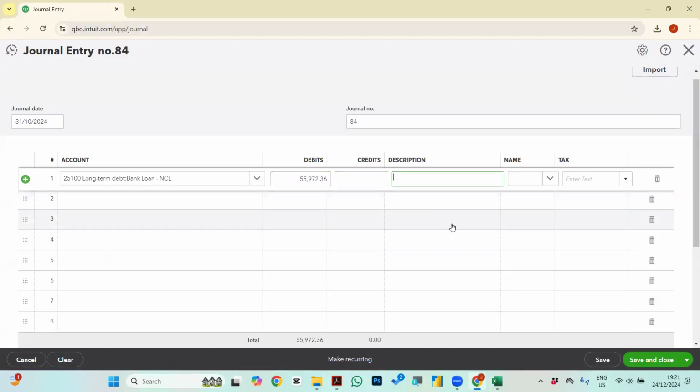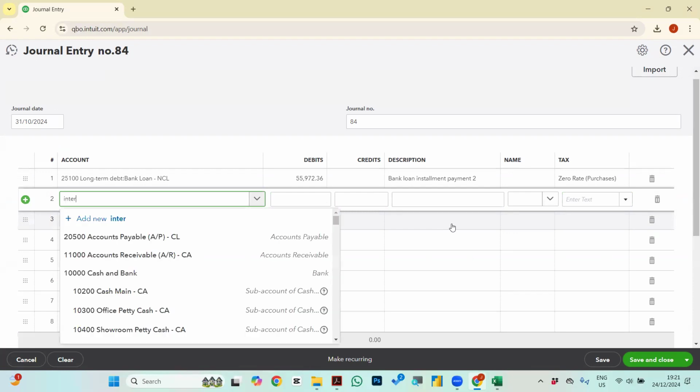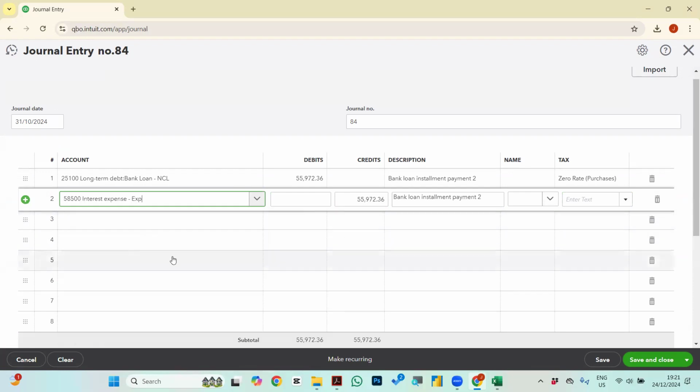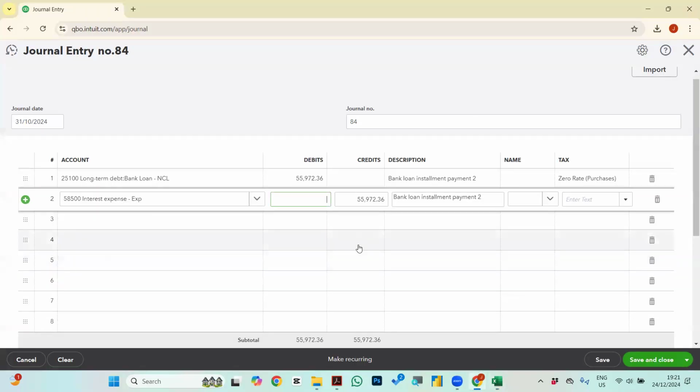The description: bank loan installment payment. You can put 2 because it's the second one. And also you need to add interest expense. So the interest expense account is going to be 65,000.